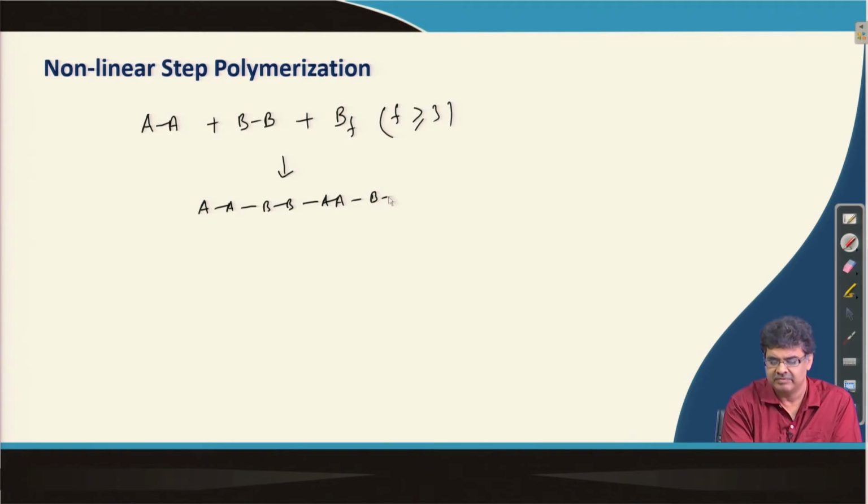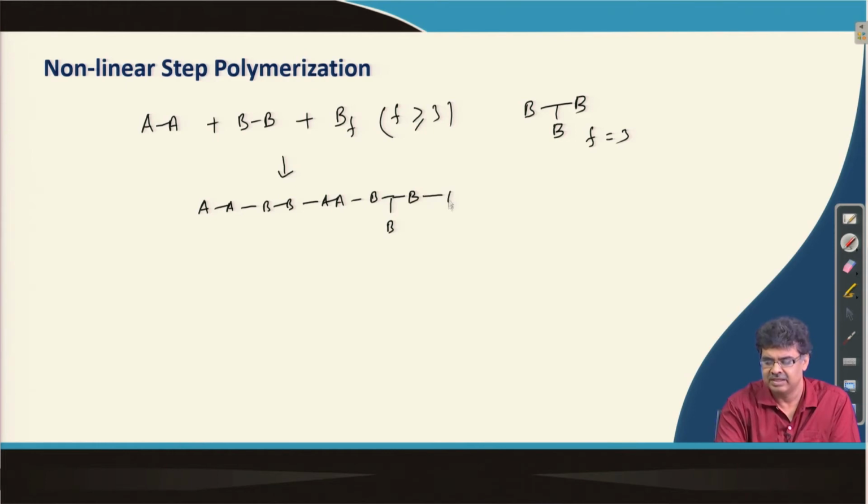Now, if one of these gets in, like we have a monomer where f is equal to 3, then that will get in somewhere in the chain and we again get a branch, and so on. Now, this can again react with another monomer and the chain can proceed.